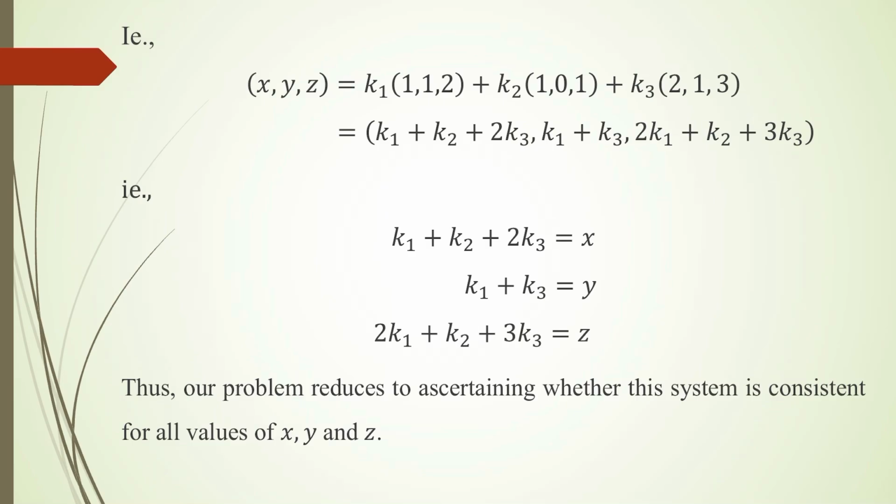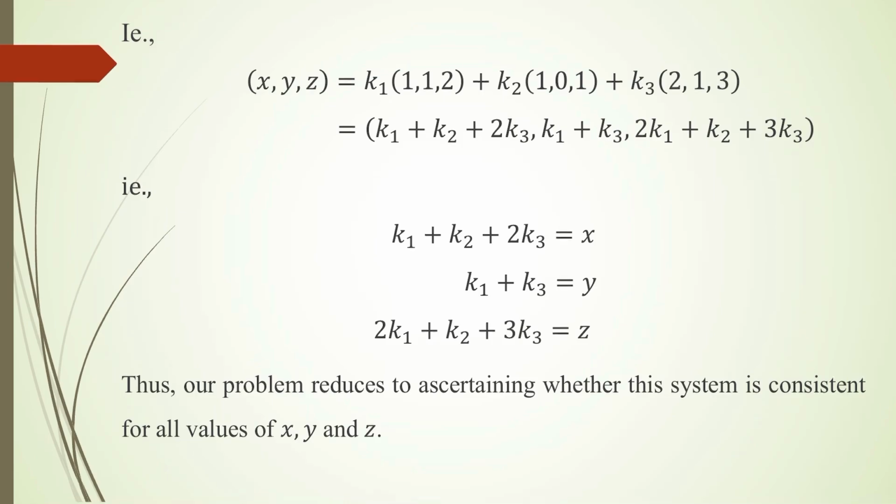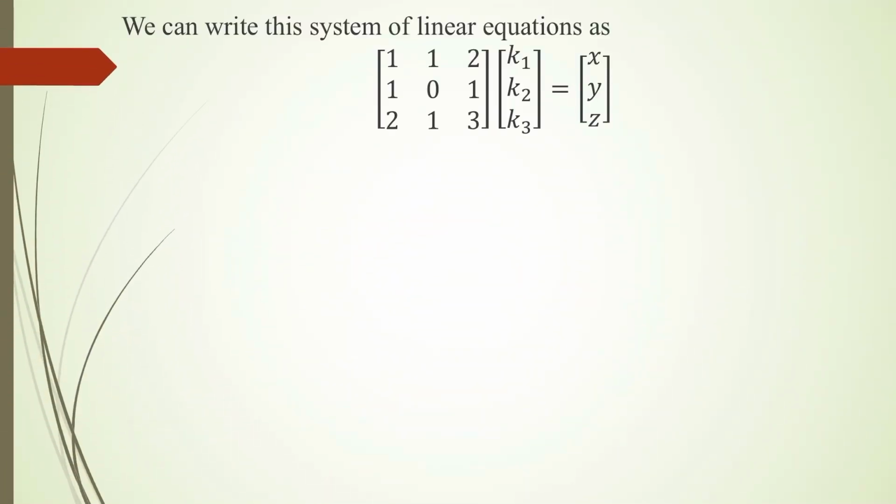Okay, so I can express this system of linear equations in the matrix form as the matrix (1, 1, 2; 1, 0, 1; 2, 1, 3) times (k1, k2, k3) equal to (x, y, z).